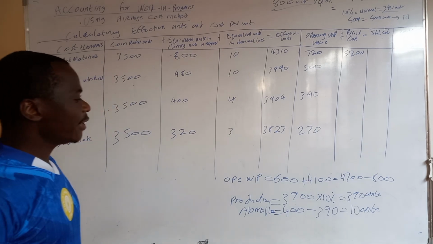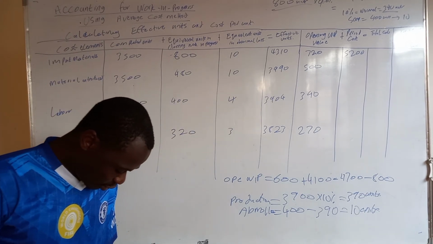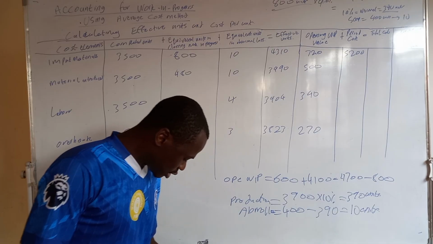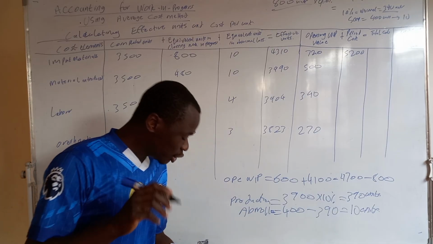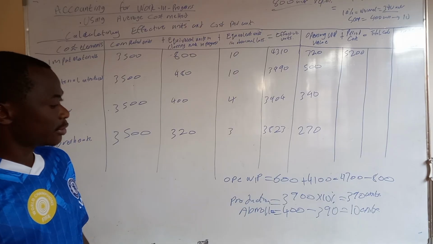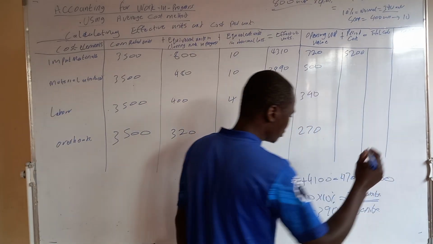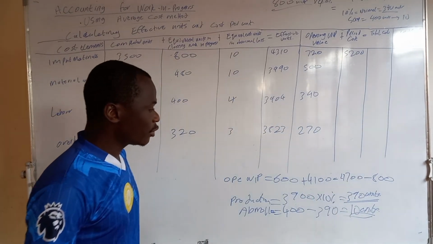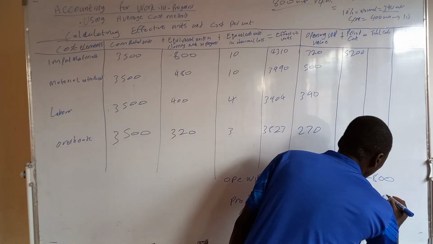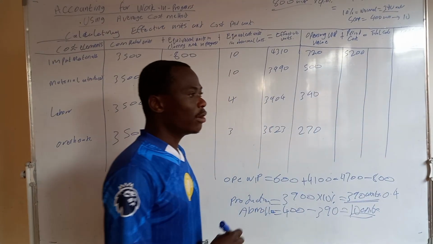Now, we are being told that the scrapped units realized 40 points each. They were later sold, the normal loss plus this, at 40 points each. That is 0.4 shillings.